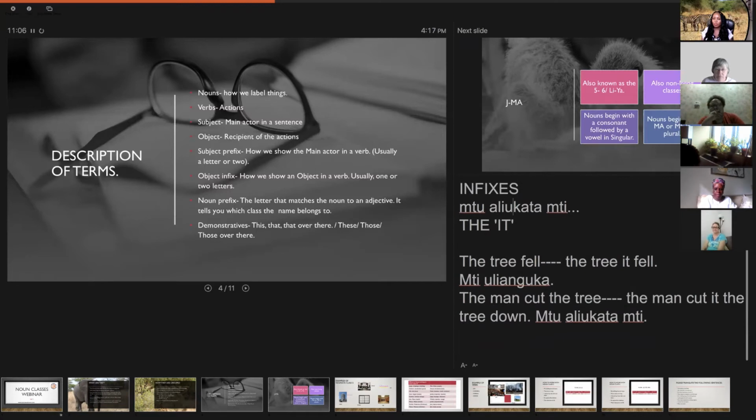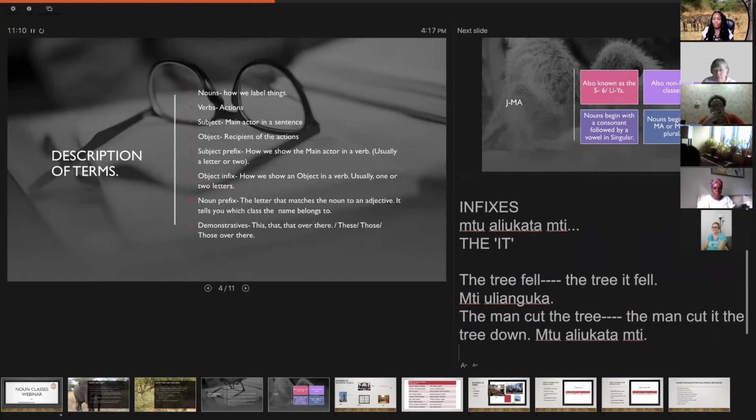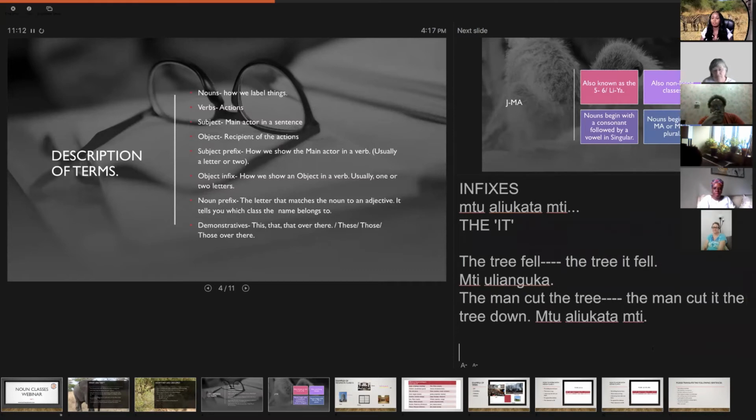Okay, now we've talked about the prefixes and infixes. Now, what on earth are noun prefixes? Well, Swahili loves, loves, loves to match things. So if I said a pretty girl, it would be msichana mrembo.